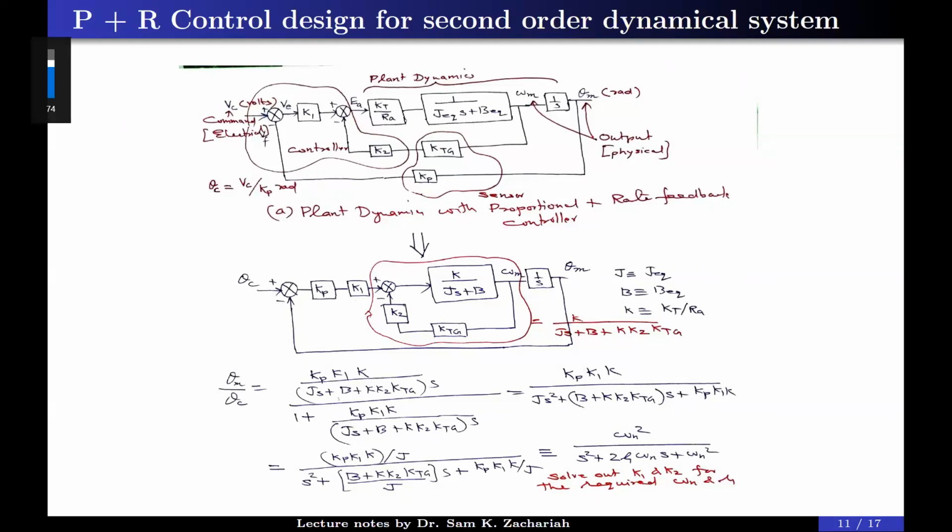Those we derived from the proportional plus rate feedback controller, right? But we are using the same thing again in this proportional plus rate plus integral and derivative case also. Why do we have to use the same thing, sir?